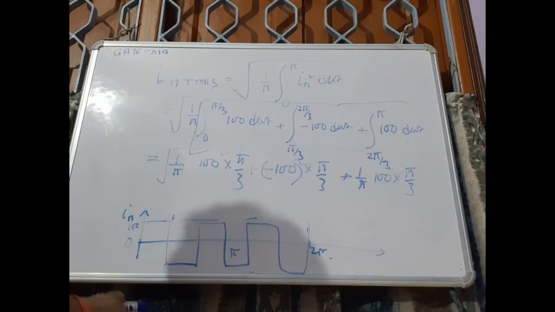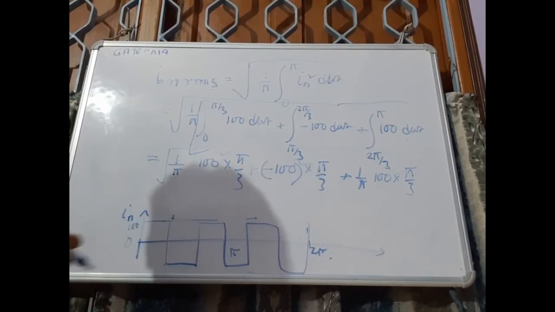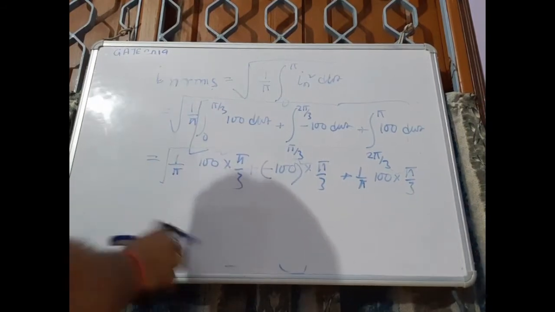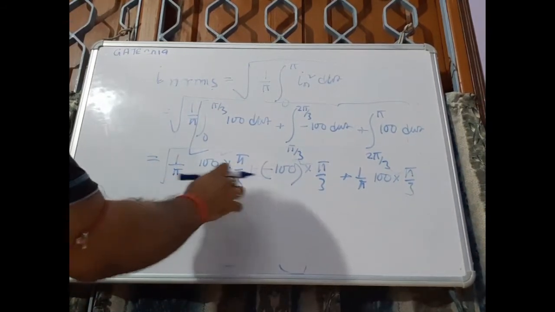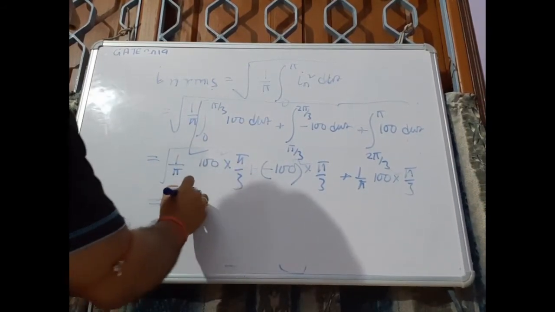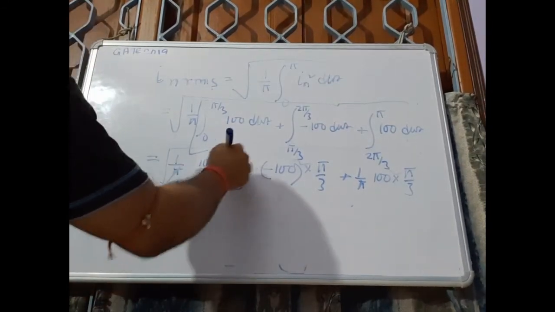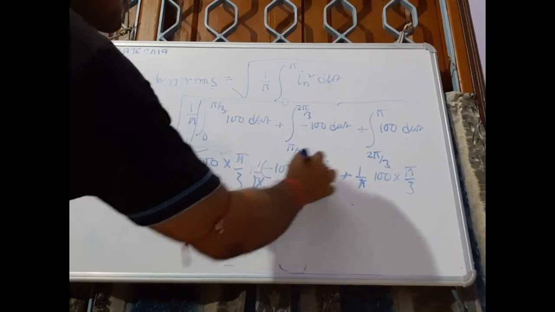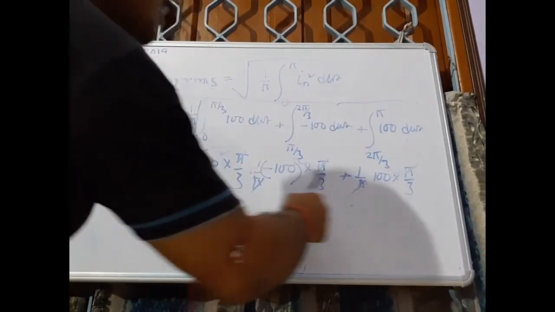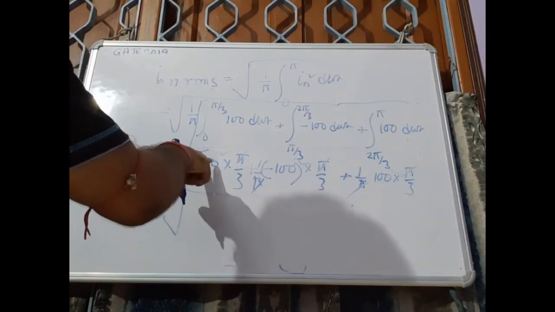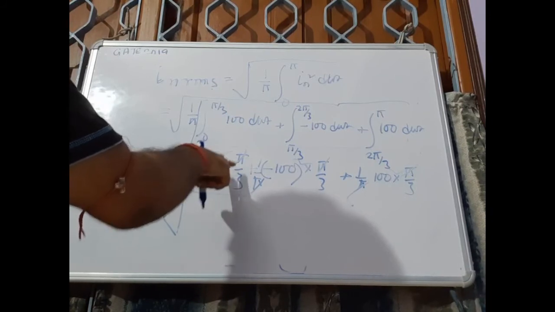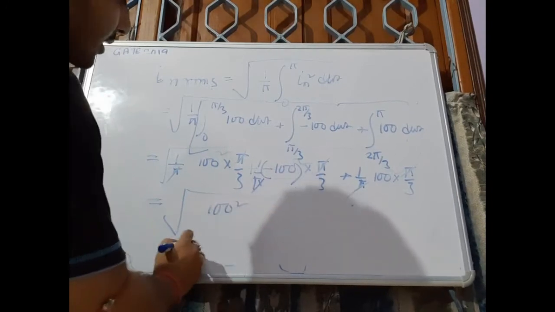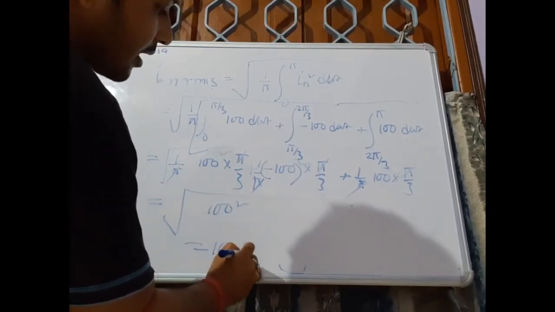So if I do the mathematics, 1 by pi is common, we can cancel the pi's. We have three parts of 100 square by pi by 3, so this will be 100 square, and the root of that equals 100 ampere.